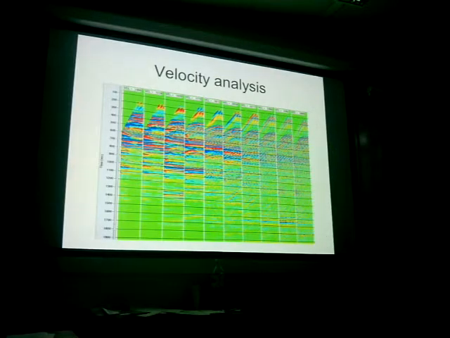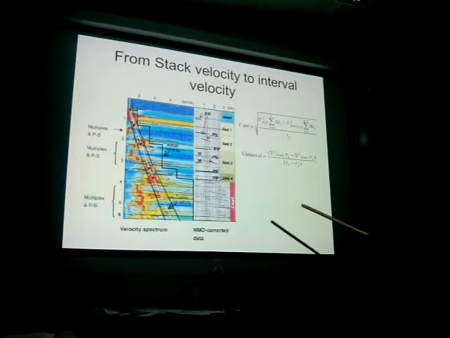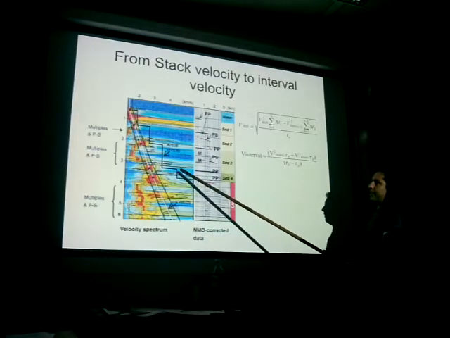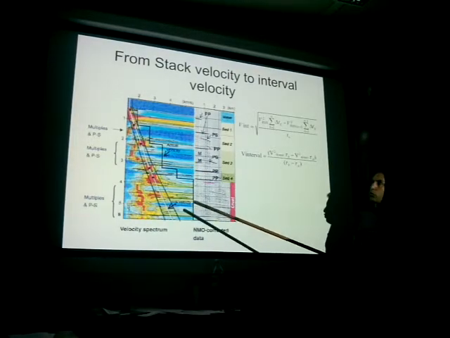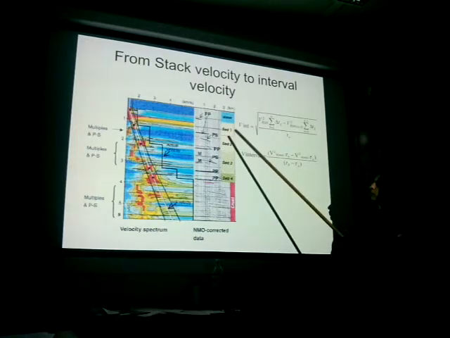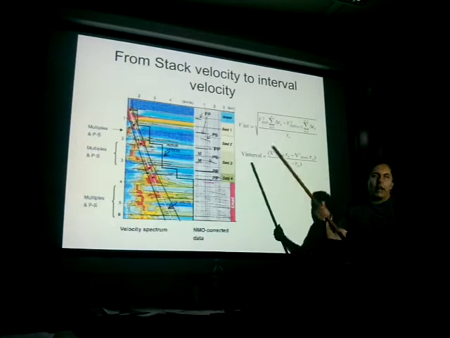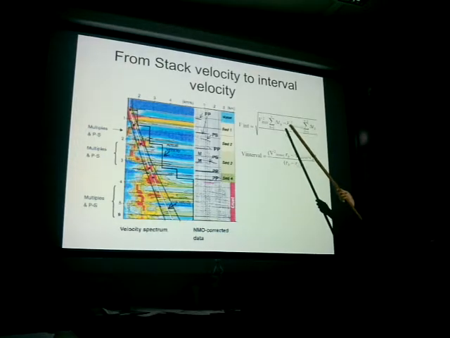So what you do, you start to use the stack velocity to assign a certain interval velocity and to create your velocity model and your stratigraphical potential information, if you got a piece of core or other information from other places that allow you to recognize the reflector. So you use the stack velocity to create an interval velocity system. So you create a stratigraphical interval velocity using the stack velocity.